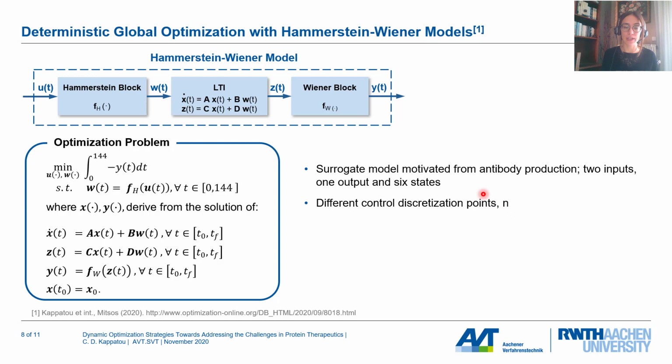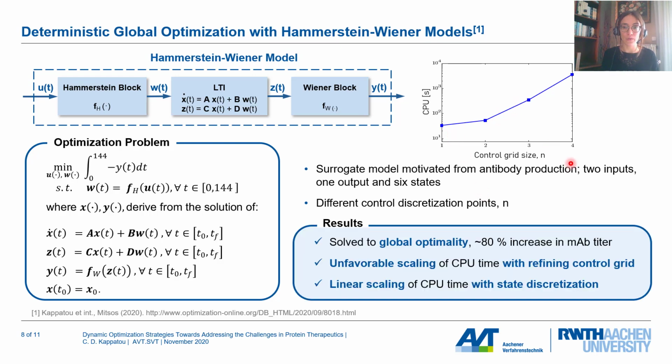And then we show here how the CPU times grow exponentially as we increase the number of control parameters. So the discretization of our control grid increases, and this increases also the CPU time. And we are quite limited in the number of control parameters we can use here with this approach.